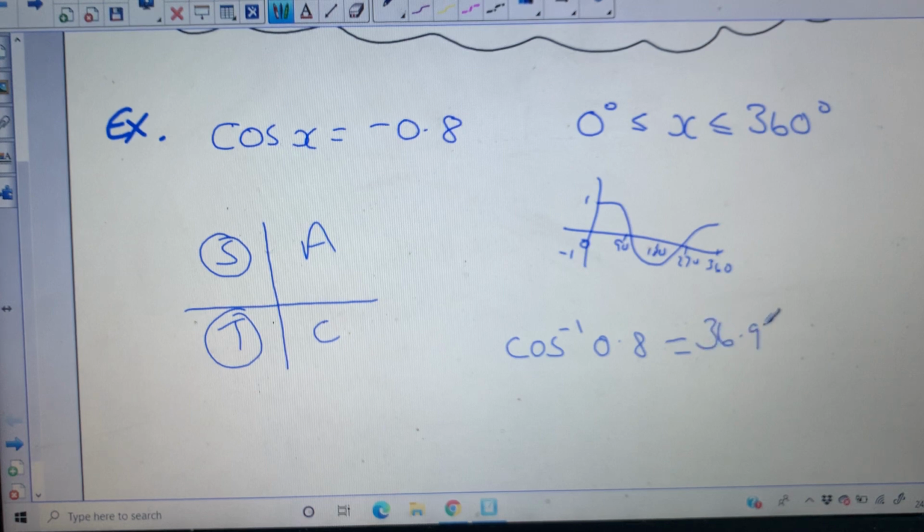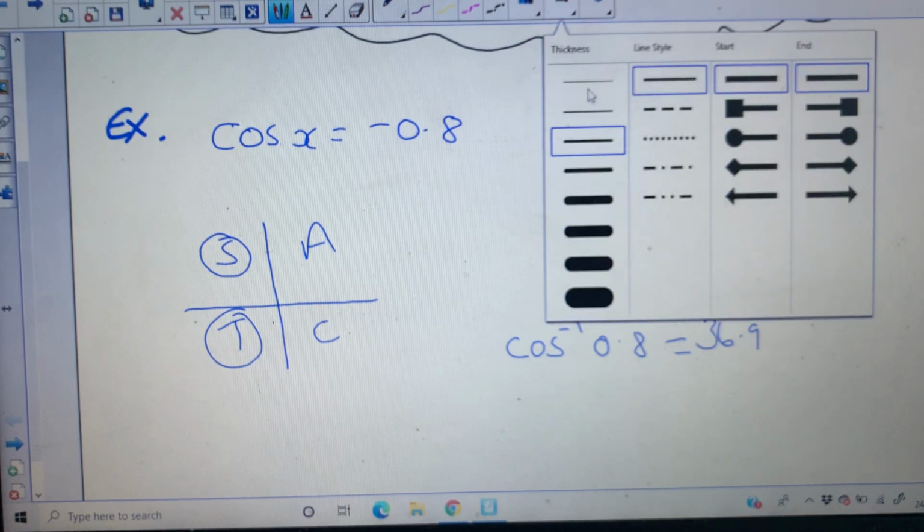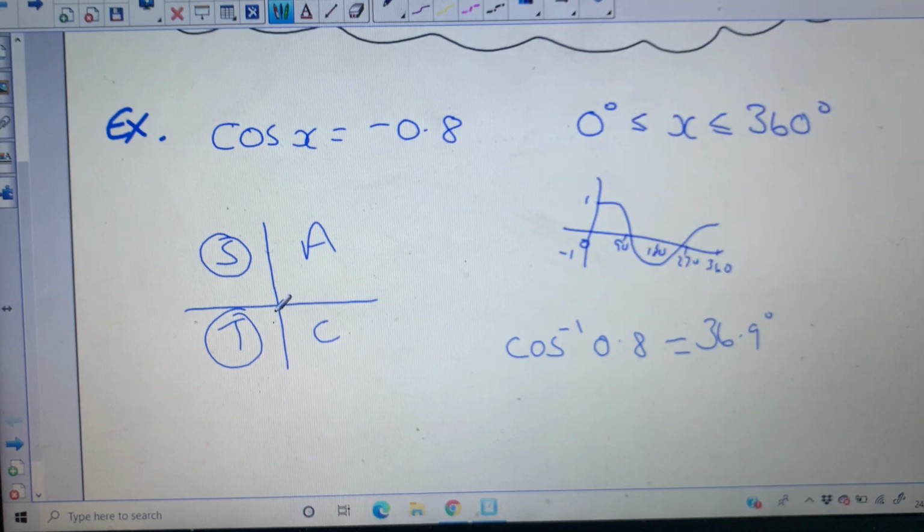That may or may not be a solution, and you can see here it's not a solution because that's an acute solution. You then draw this angle into the ringed quadrants from your nearest x-axis. This ringed quadrant's nearest x-axis is here, and this ringed quadrant's nearest x-axis is here.